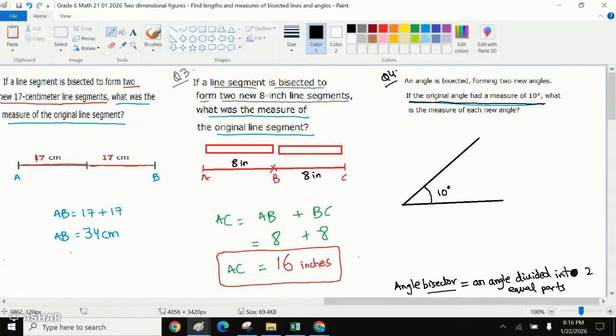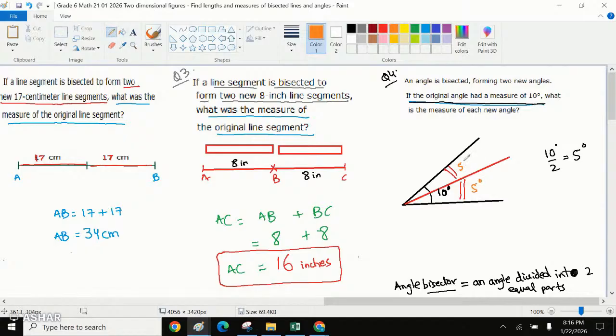The bisector would mean that we will break this angle into two equal parts. That means this would be one angle and this would be the other angle. If the total was 10, then 10 divided by 2 would mean 5 degrees. That means each angle would become 5 degrees and 5 degrees.